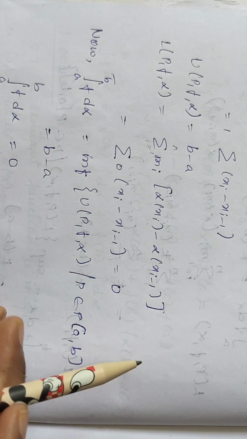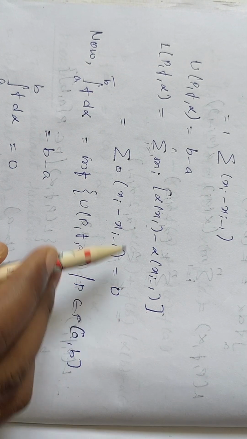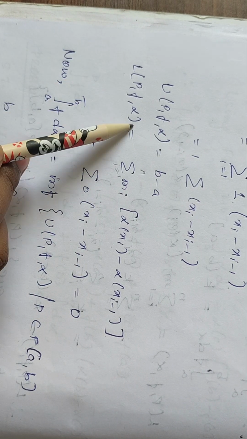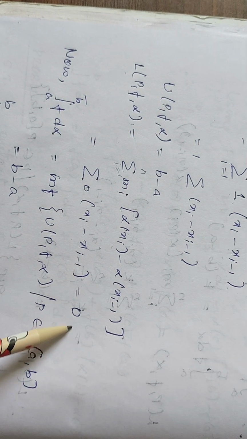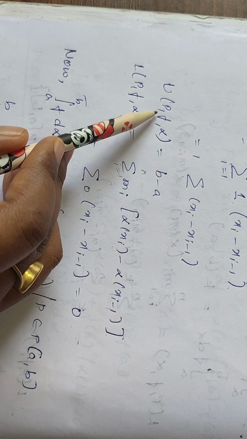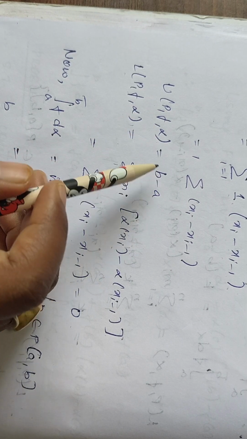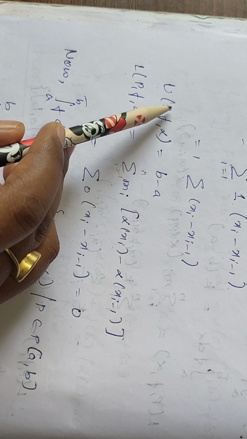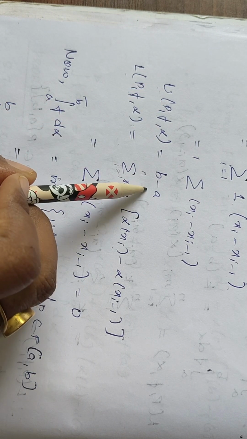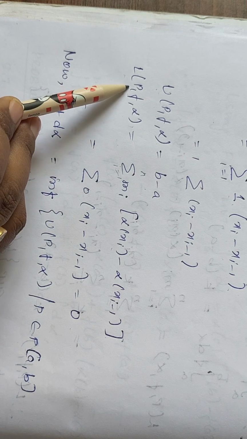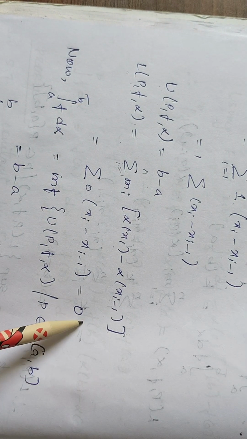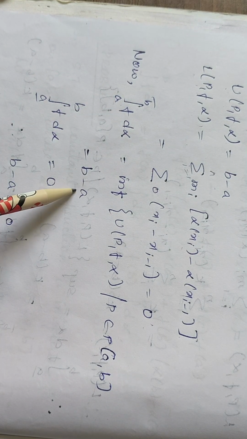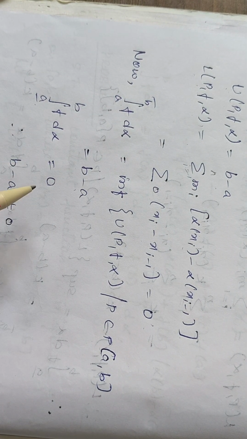So whichever L of P comma f comma alpha you take, the value will be 0. And whichever U of P comma f comma alpha you take, it will be b minus a. I mean, whichever partition you take, your upper sum will be b minus a, and the lower sum will be 0. So the upper Riemann integral will be b minus a and the lower Riemann integral will be 0.